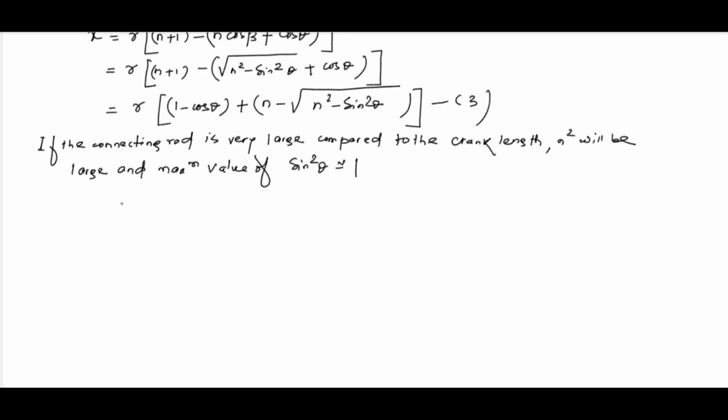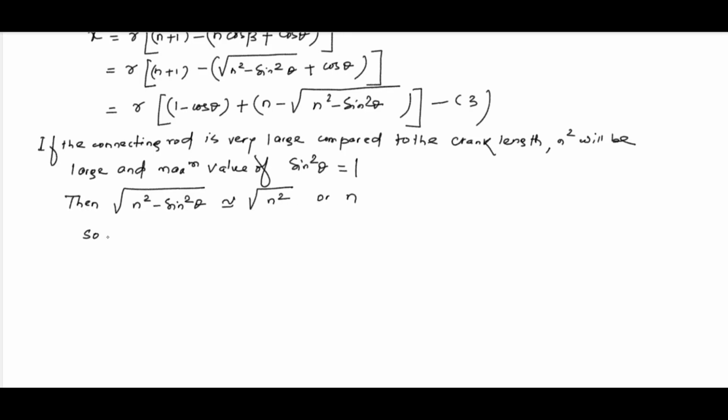Then root over of n square minus sine square theta can be represented as root over of n square, which is equal to n.